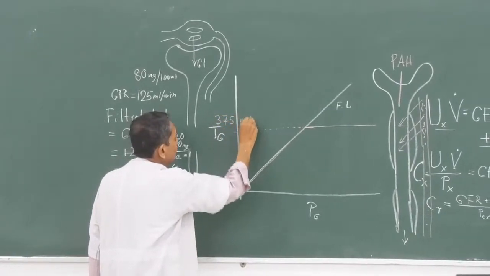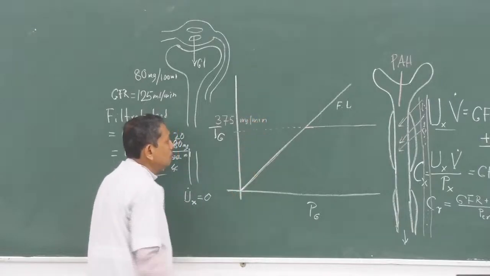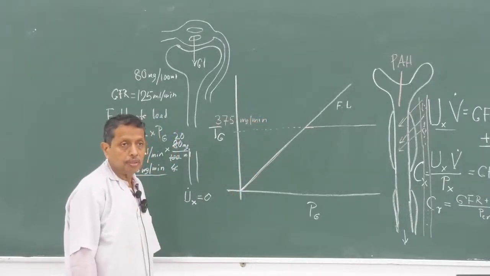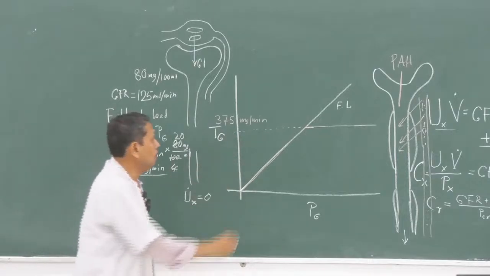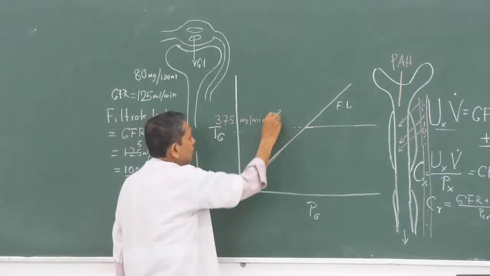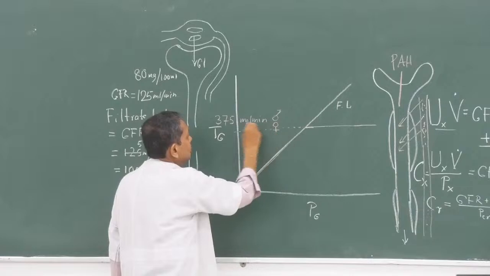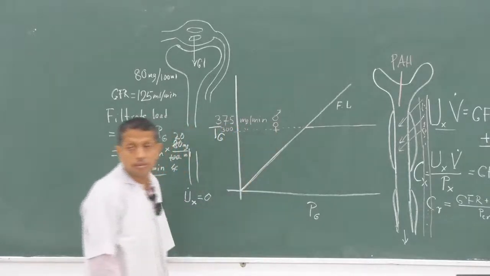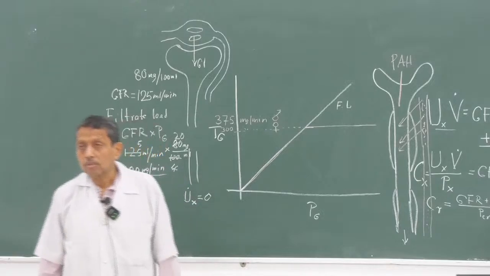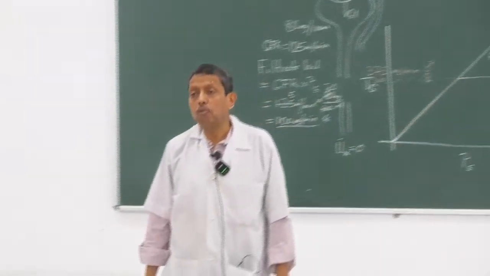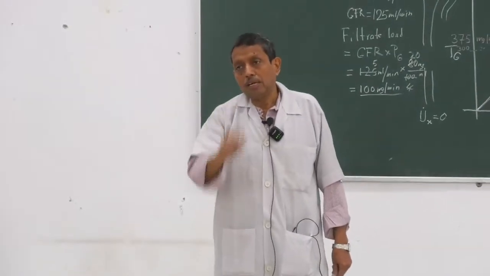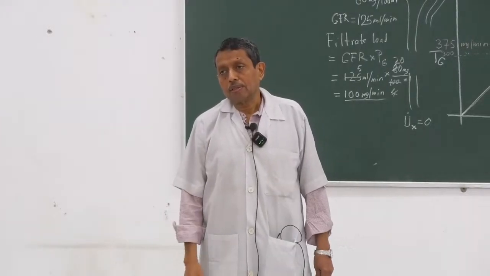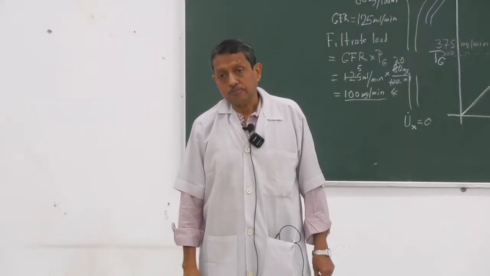Milligram per minute. $375 in case of male, and in case of female, so in case of male, if you consider this is the filtered load up to which it is possible to reabsorb all of them.